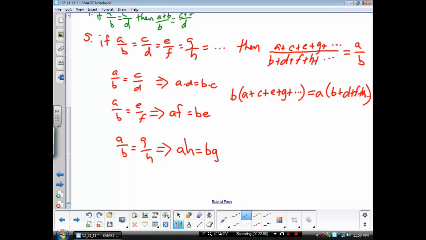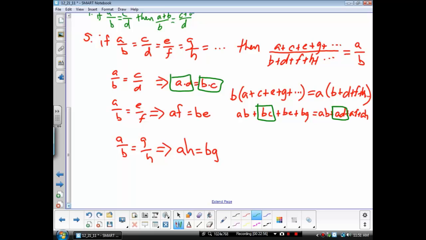When I distribute the B in, I get AB plus BC plus BE plus BG equals, and then I get AB plus AD plus AF plus AH, and on both of them I have the dot dot dot, just for that. Well, what I know is that AD equals BC. So I have BC, I have AD.